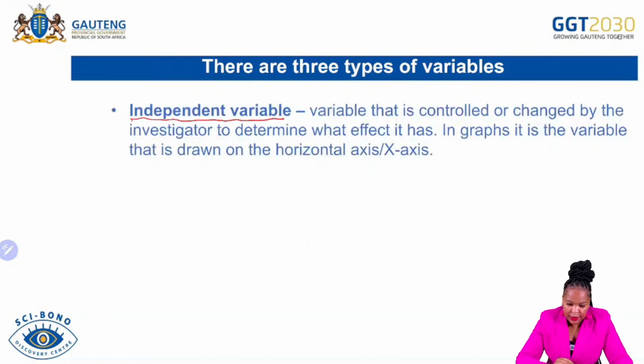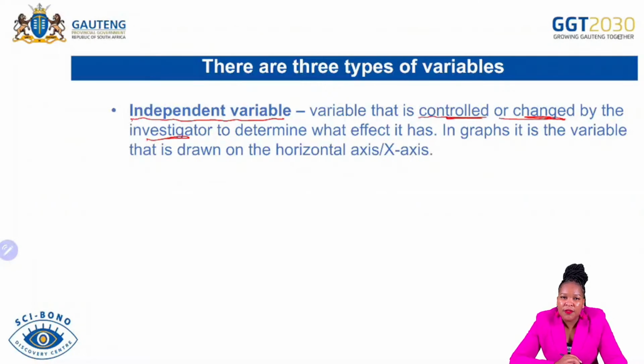So what is it? Now, an independent variable is the variable that can be controlled or changed by the investigator. So the one that you are able to manipulate, to say, I'm going to choose this time or this much time to do this, or I'm going to do this under these conditions. So the one that you are able to change as an investigator, that is going to be your independent variable.